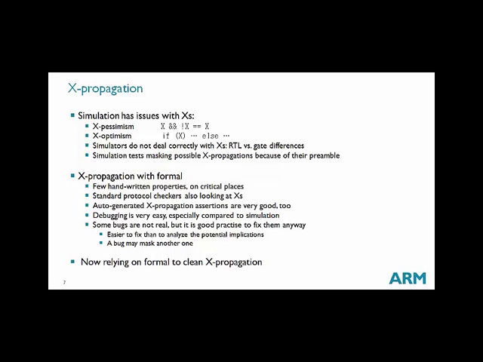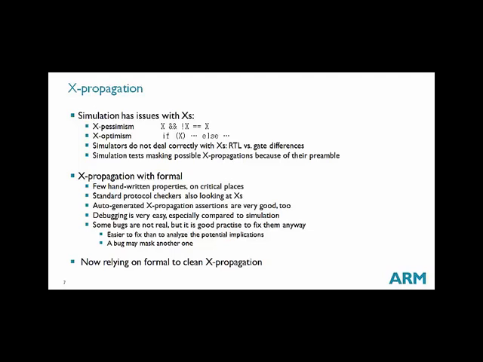Debugging of X-propagation is very easy when the failure comes from formal, because the test case, the waveform, is very short. And also in the waveform we can clearly see the X propagating from signal to signal. I have to say that very often we have failures with X-propagation, but it's not very clear whether it is a functional issue or not.